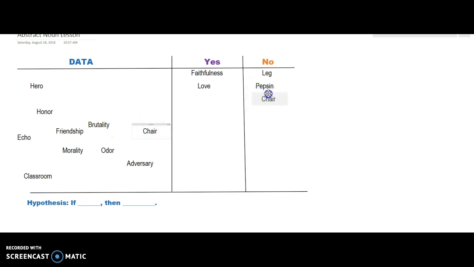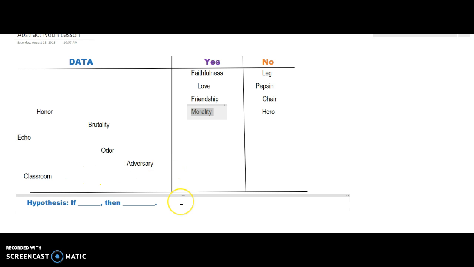Chair, no. Friendship, yes. These are all examples of this new type of word. Hero, no. Morality, yes. Okay. Can anyone come up with a hypothesis? What patterns do you notice?